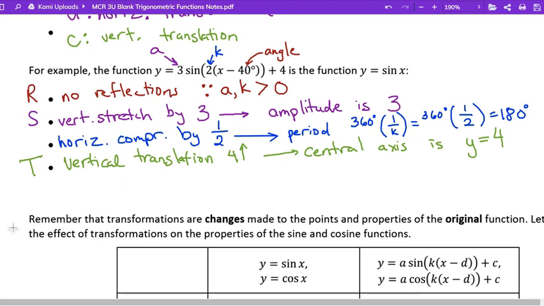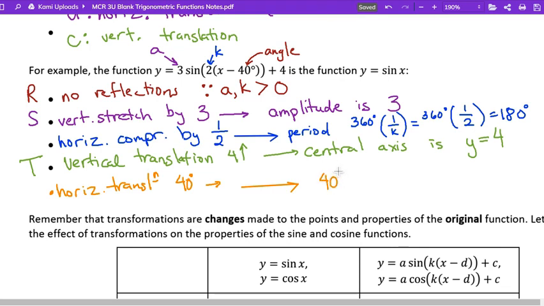Okay, and then we have one more translation, and that's the horizontal translation. This is a weird one. It's 40 degrees to the right. This is where I'm going to bring in the terminology of the phase shift.